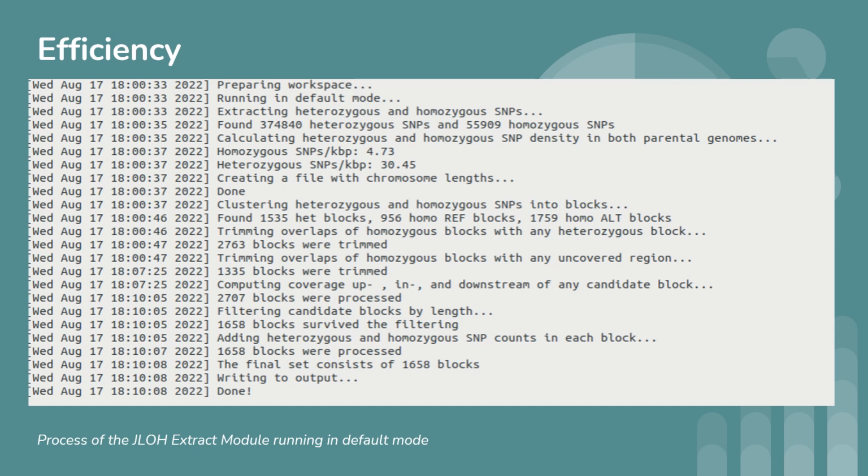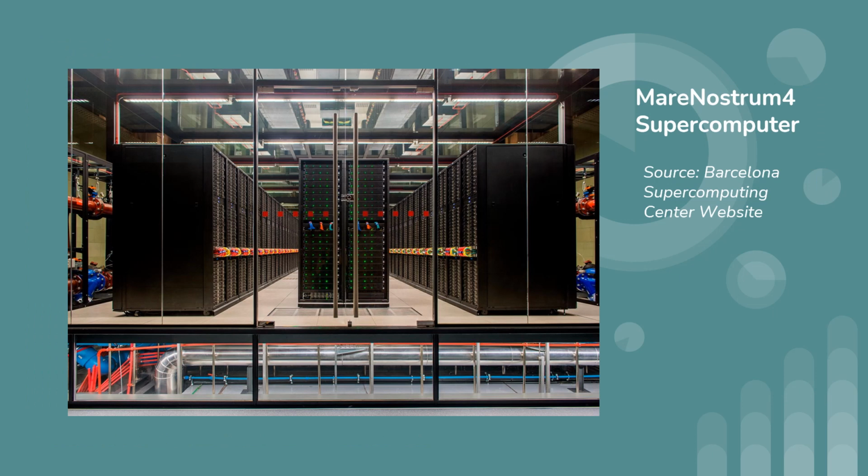Each of these stages is a function that JLO goes through when running the analysis, and their results are printed at each stage on the terminal, as you can see here, and in the eventual output files. I was running the tests as job scripts on the MareNostrum supercomputing cluster, which was able to compute the analysis very quickly.